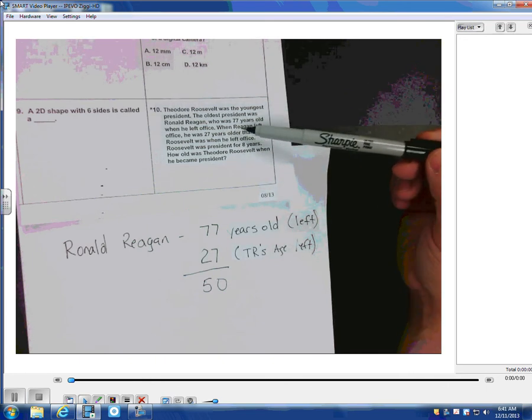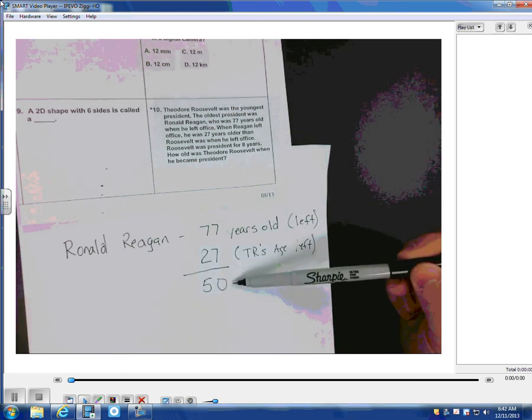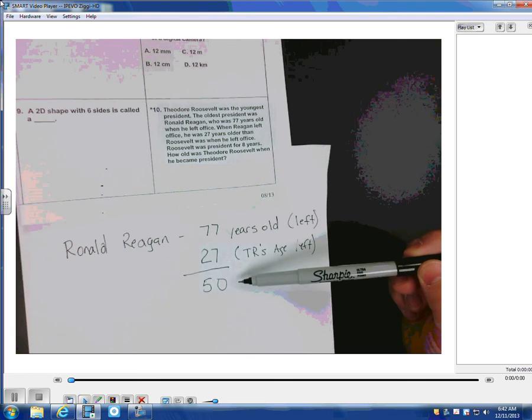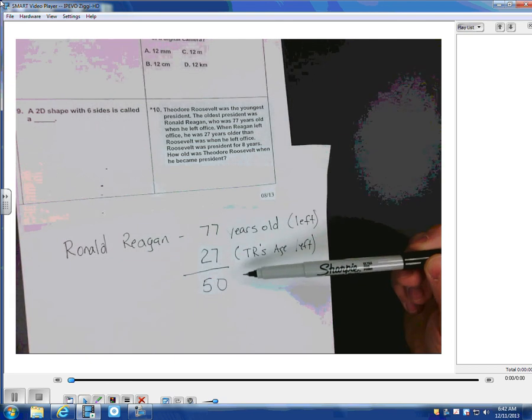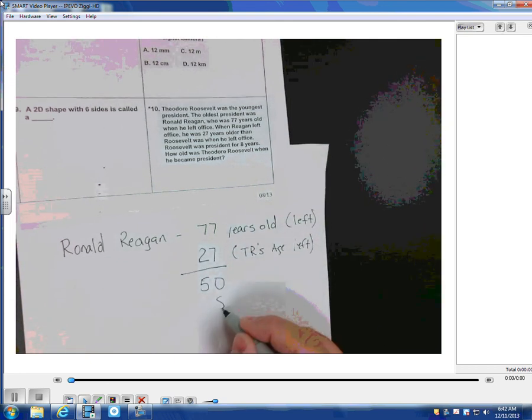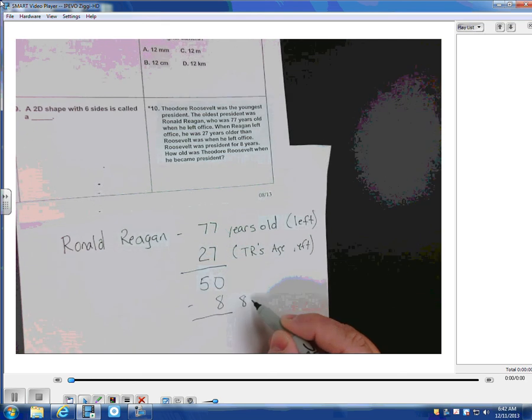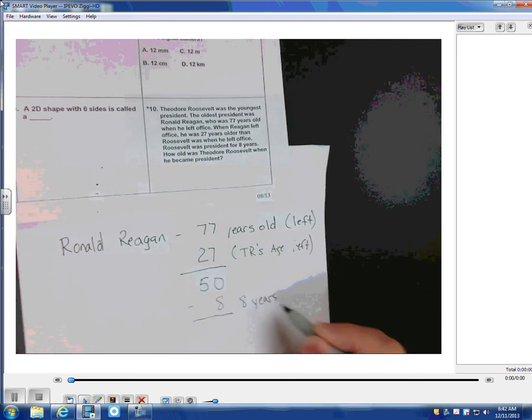Okay, so the next part. Roosevelt was president for 8 years. So when Roosevelt left office, he was 50 years old. But now I know that he was a president for 8 years. So again, I'm going to have to subtract 8 years from 50. Okay, because he was president for 8 years. I'm just going to put 8 years president.